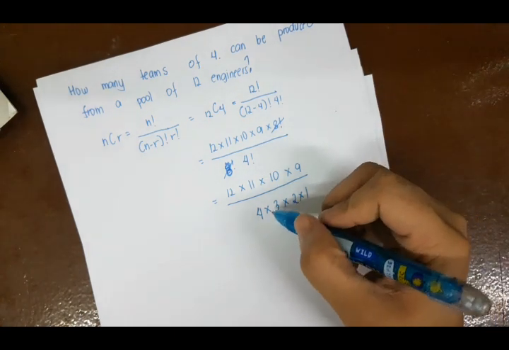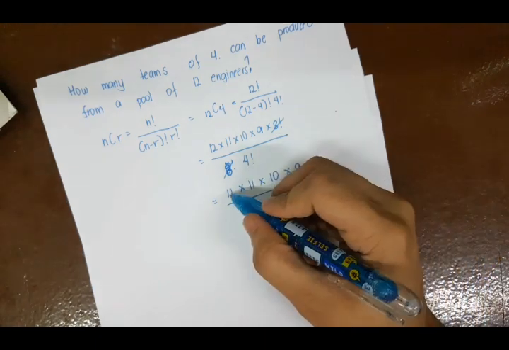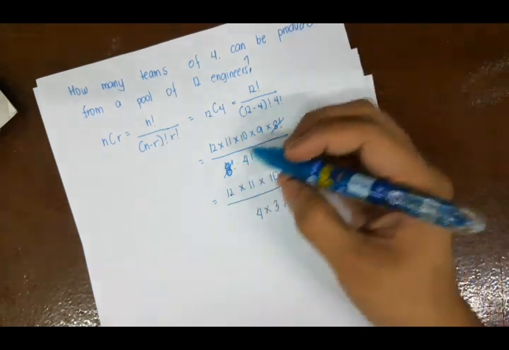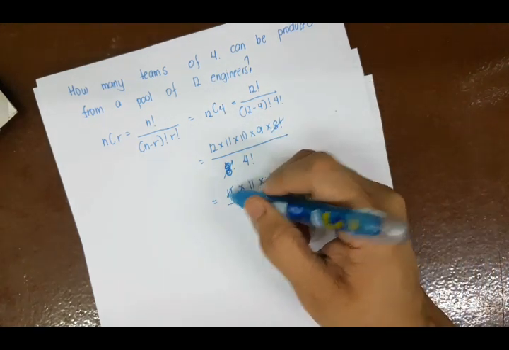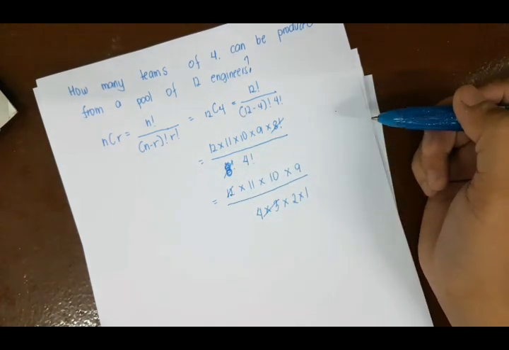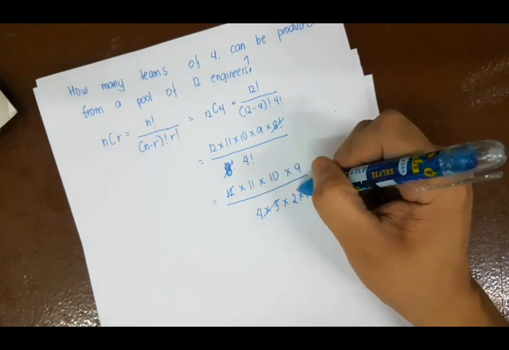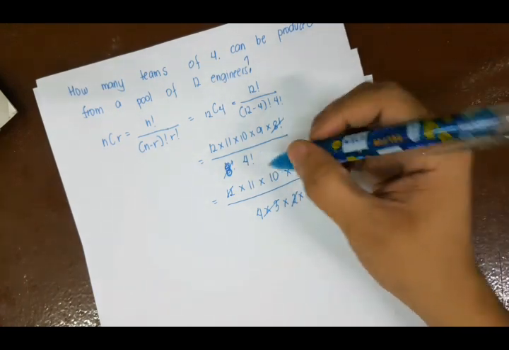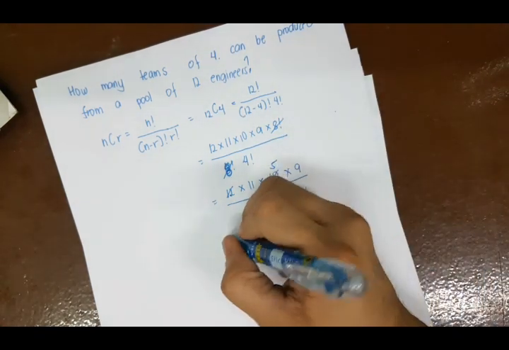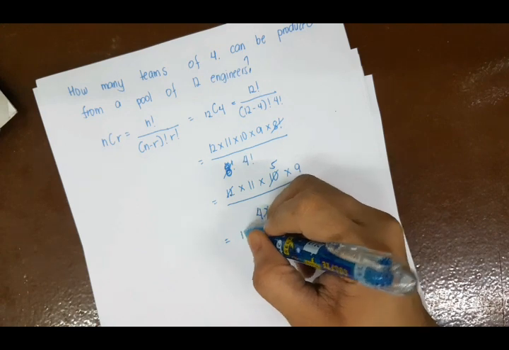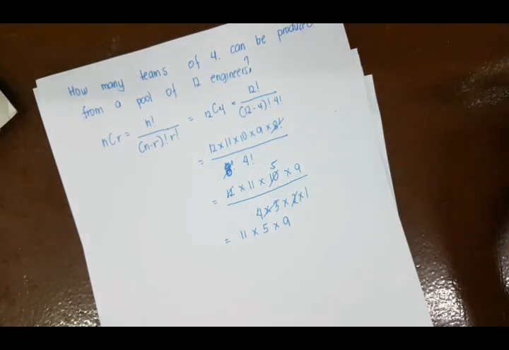Notice that 4 times 3 is equal to 12. So there is 12 in the numerator, and 12 divided by 12 is just 1. So definitely we can cancel this one. Next, we all know that 10 divided by 2 is just 5. So we can simplify this as 5. So we are left with 11 times 5 times 9.